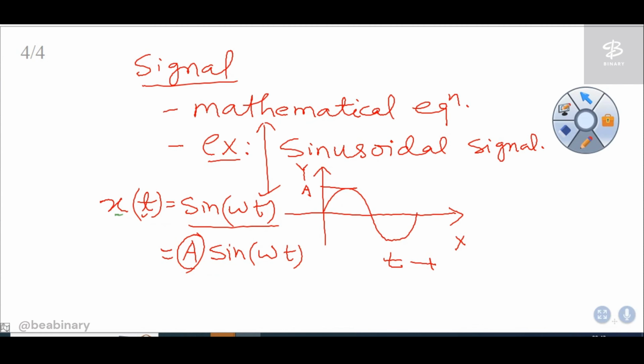And you know that this ω is equal to 2π/T, and this can be written as 2πf, where f is the frequency of the signal. So this way, this sinusoidal signal can be represented in mathematical form.